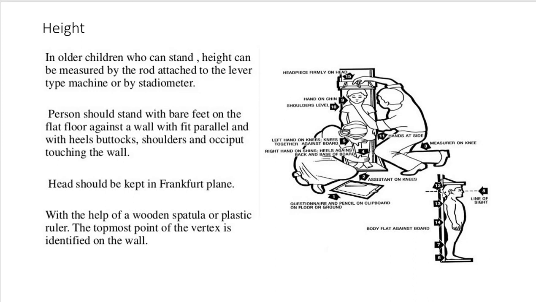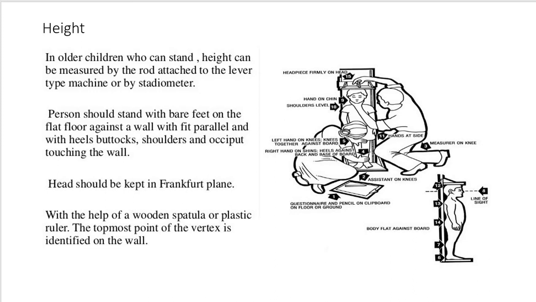Frankfurt plane means it should be straight, one should look at eye level only. With the help of a wooden spatula or a long plastic ruler, the topmost point of the vertex is identified on the wall and the height of the child is taken.